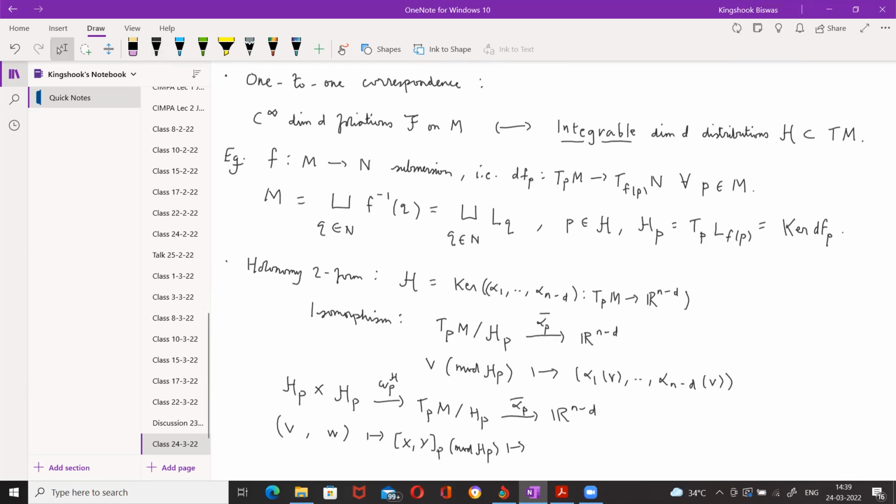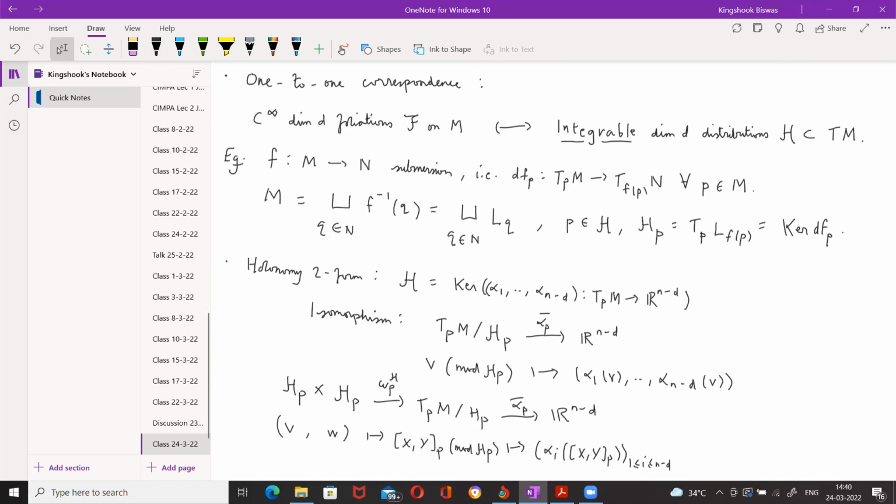And this maps to the tuple alpha i of the bracket of X, Y at P, where i goes from 1 to n minus d. And this we saw using the formula for the exterior derivative of a one-form applied to a pair of vector fields.